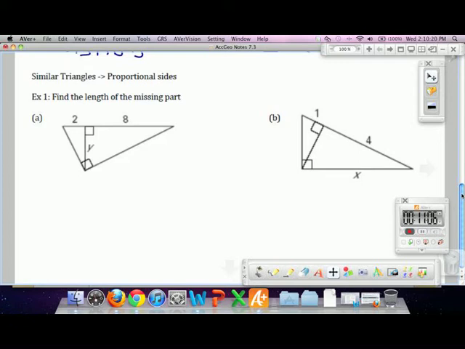So, for example, how about we start by finding a couple similar triangles, like say, this triangle and this triangle. Well, let's see.